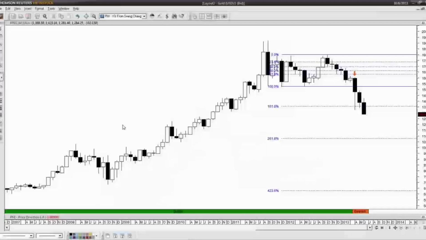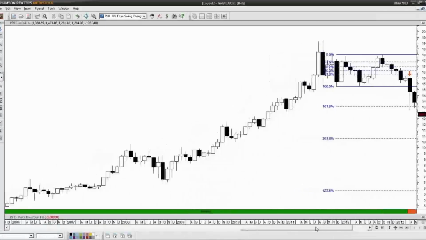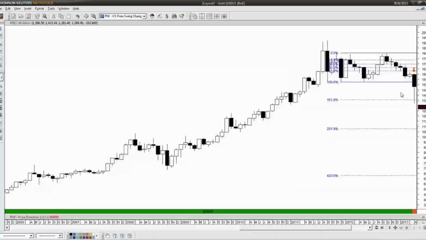Before we move to the Q&A, in this example that we have here, we would go short in April at 15.20, then we would close half our position at 13.50, and move the stop loss from here.